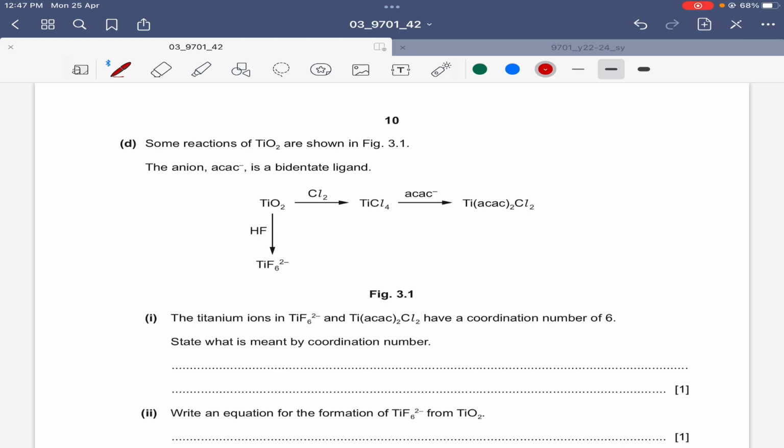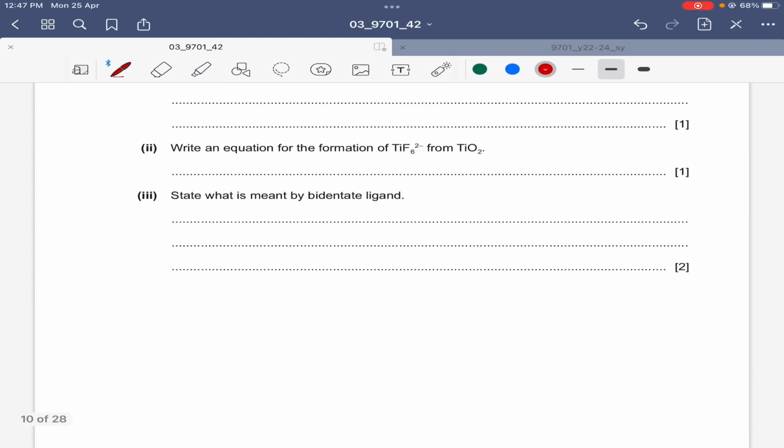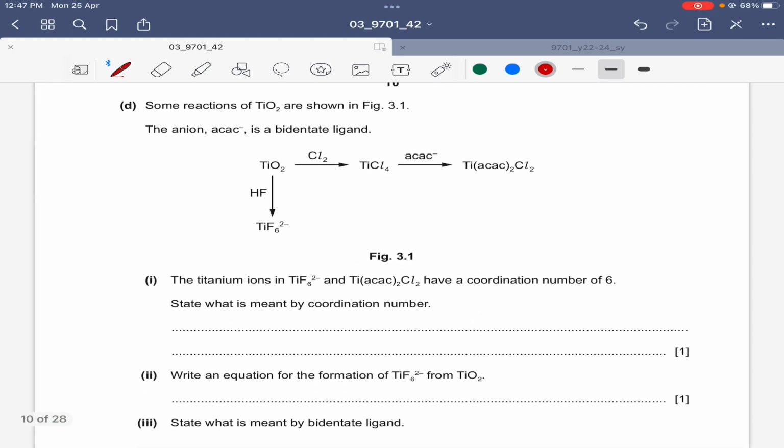Alright, now the next part of the question is some reactions of TiO2 plus are shown in figure 3.1. The anion ACAC minus is a bidentate ligand, and these are some reactions. In figure 3.1, the titanium ion in TiF6 2 minus and Ti(ACAC)Cl2 have a coordination number of 6.